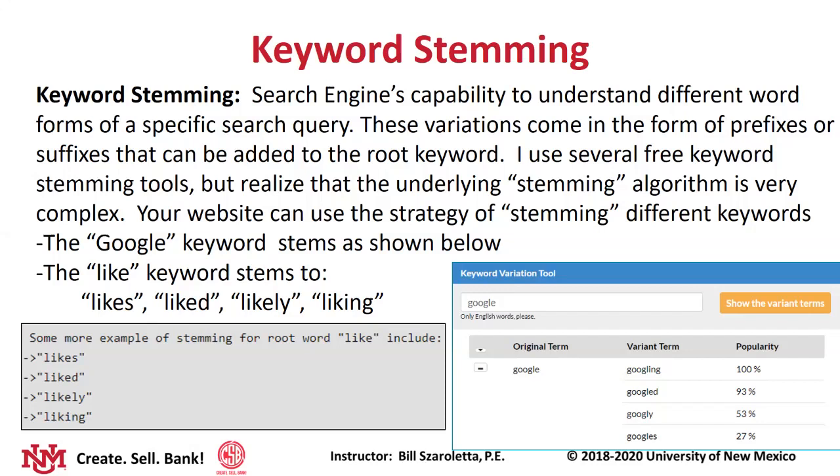It's certainly a stem off the root like, but what you're trying to do is to have the search engines pick up your keywords and the stems on those keywords and drive traffic to you. So if you put in likely, it's not necessarily the same as like. That gets into natural language processing and, again, the algorithms that are really complex.